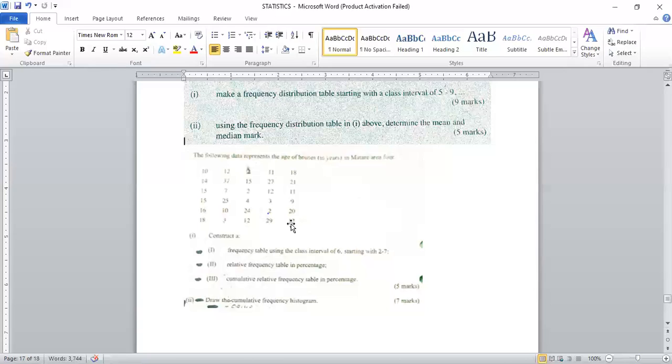Let us use a figure that is divisible. So let's say our first class got 3 as a frequency. That is, you counted the numbers that fall between 2 to 7, they are 3. Are we together? And our total frequency is 30. So to find the relative frequency, you're supposed to get 3 divided by 30.